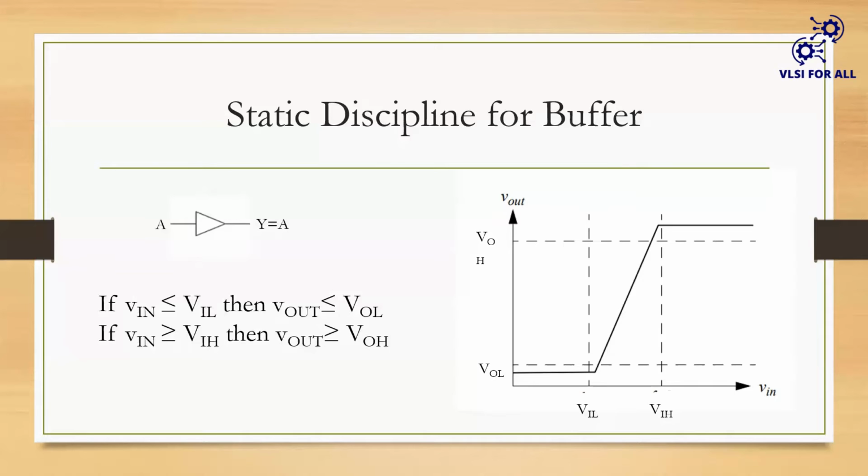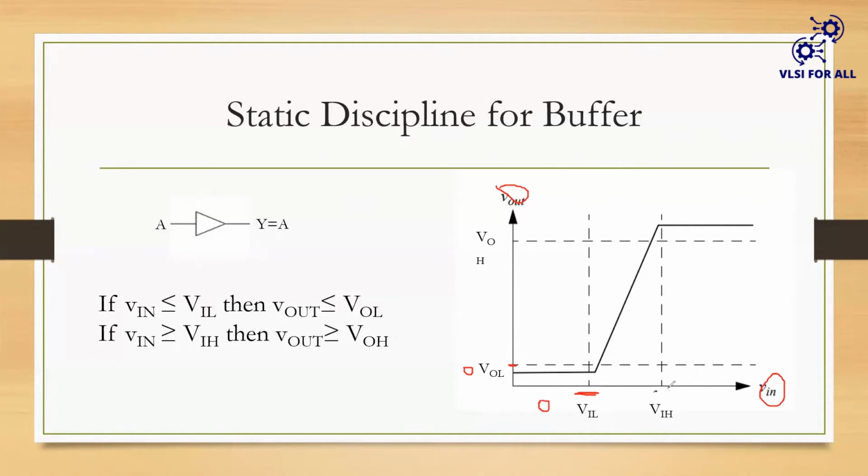As per the conditions, you can relate the figure. Here you can see VIL. If the input voltage is less than or equal to VIL, then it is logic 0 only. Then the output voltage must also be 0, that is, less than or equal to VOL.